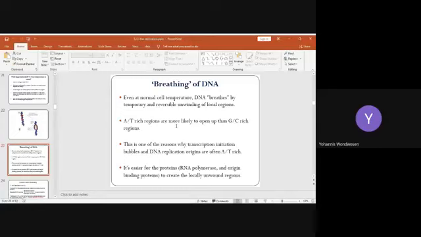The main reason is that AT regions have two hydrogen bonds between the two strands, while CG regions have three hydrogen bonds, so the AT-rich areas are weak. This is one of the reasons why transcription initiation bubbles and DNA replication origins are much more in the AT regions.